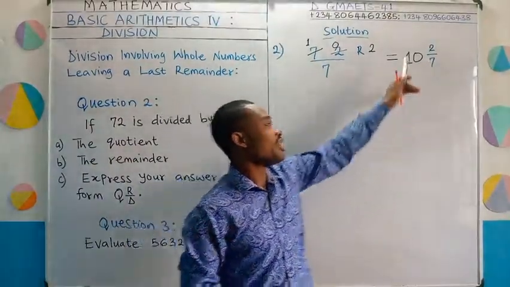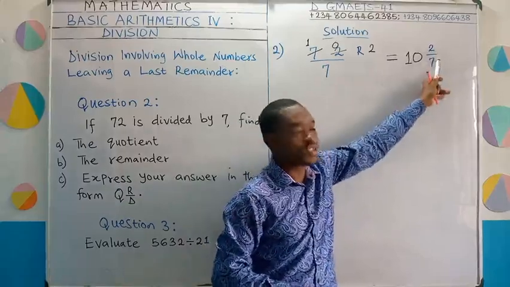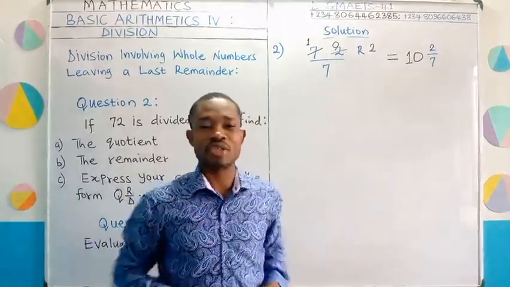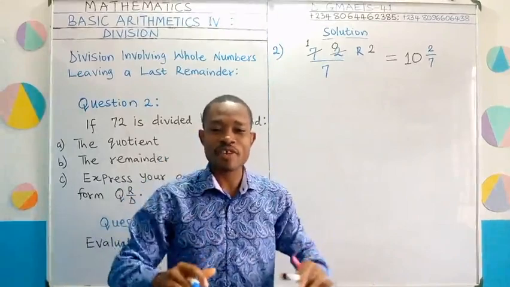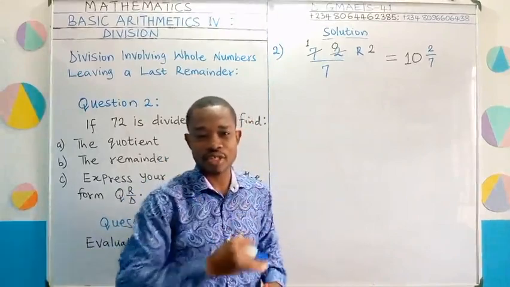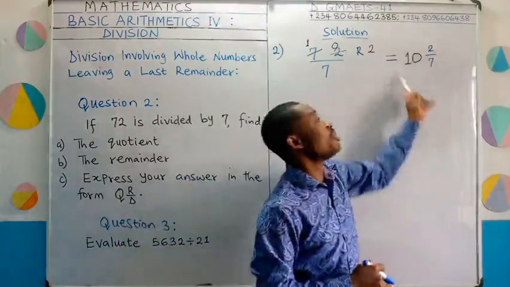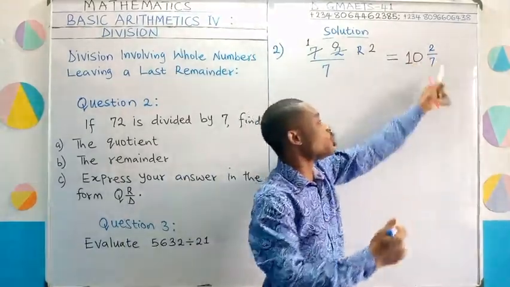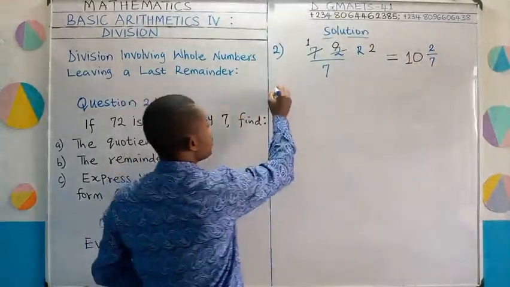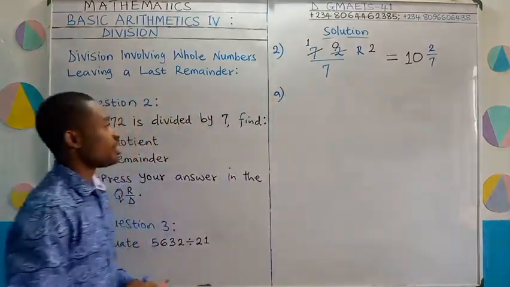Now, I need you to know that this answer we got here, this part 2/7, is a proper fraction, just like I told you in the introduction to this part of division. But this whole answer is a mixed fraction: 10 whole number, 2/7.